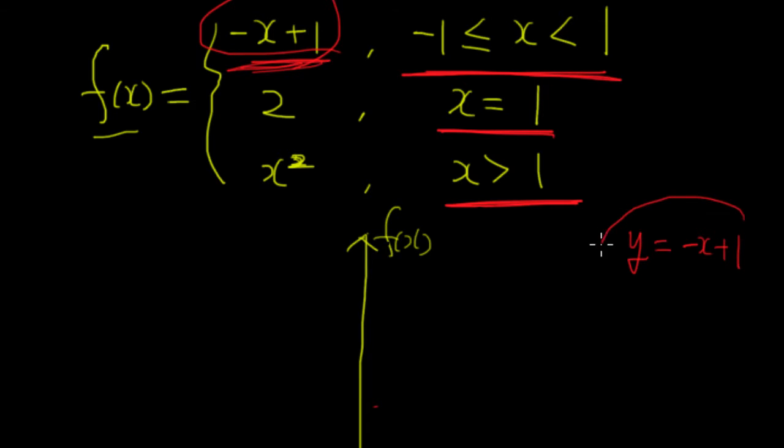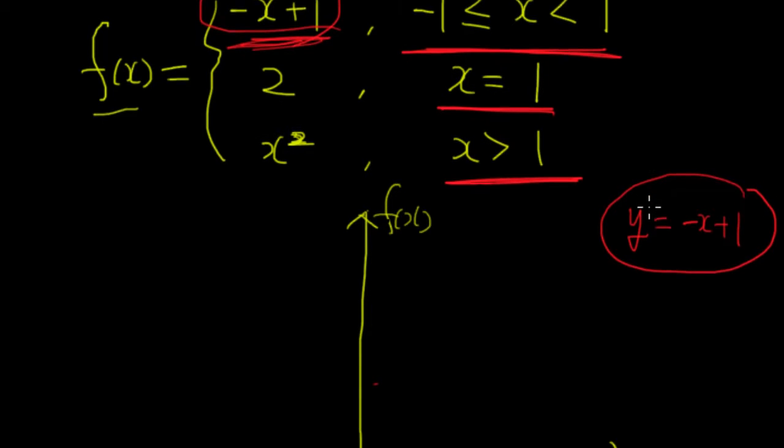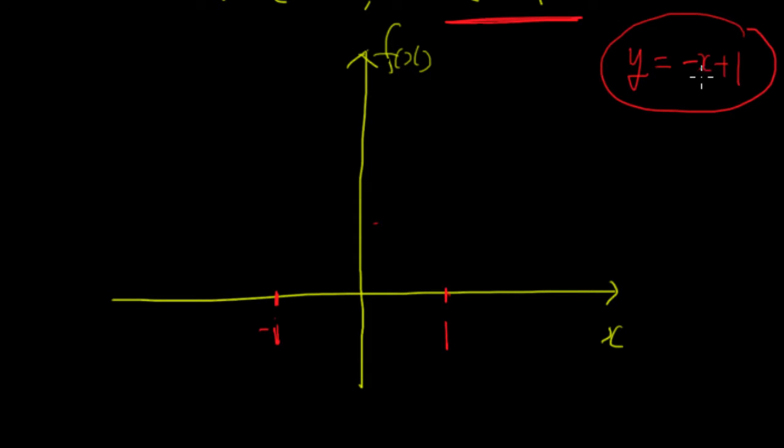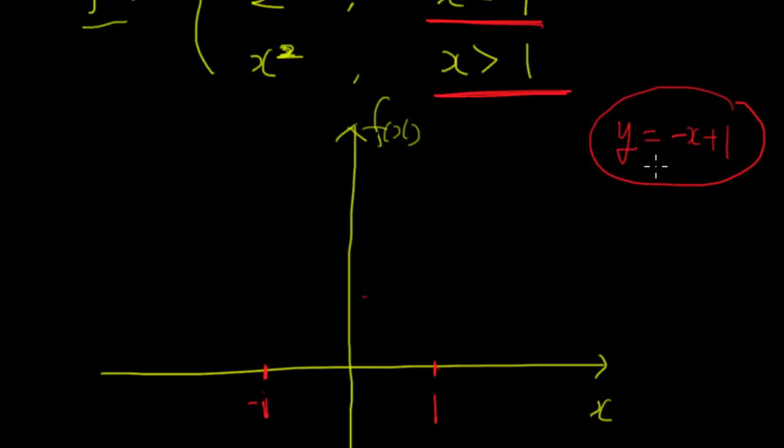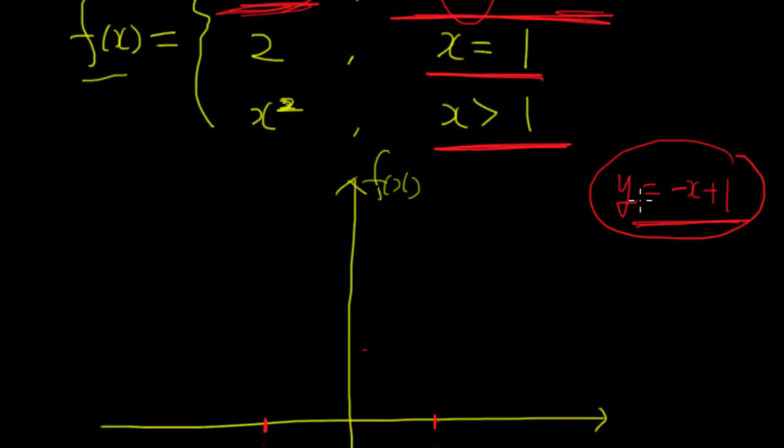We're going to graph this line, but only where x is between negative 1 and 1. According to this definition, at negative 1 we have an equal sign, so we are going to have a solid closed dot. But when x equals 1, it's not included, so we are going to have an open circle.